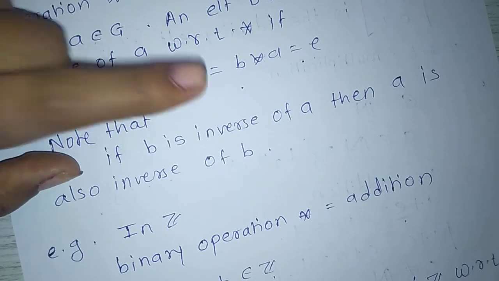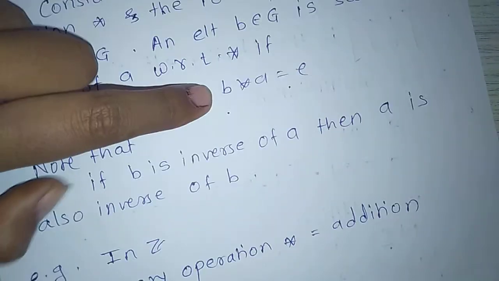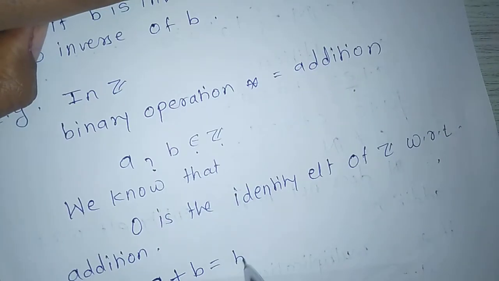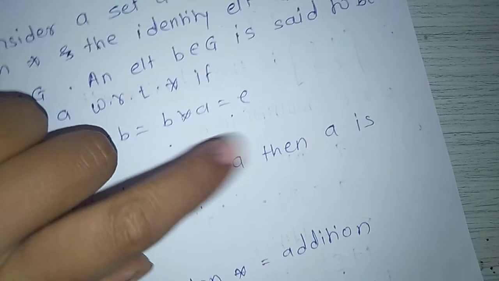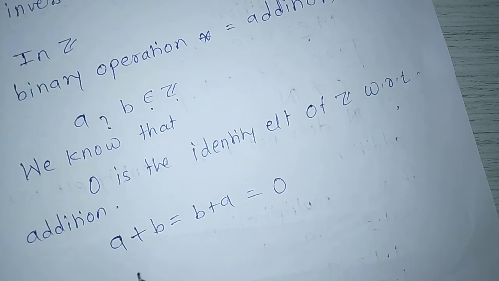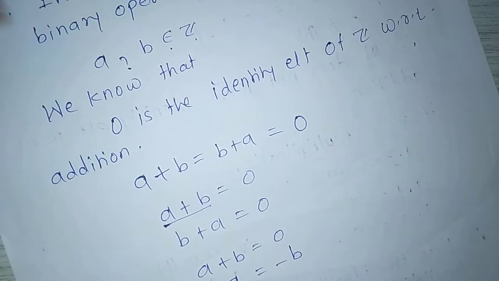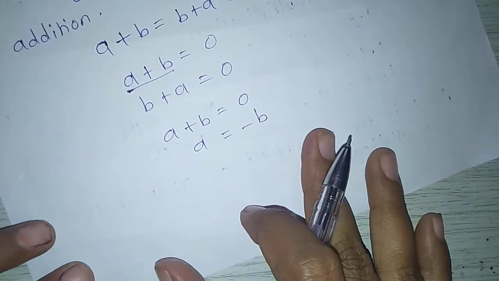Therefore, a star b means a plus b equal to b plus a, which is equal to E, here 0. a plus b equal to 0 means a equal to minus b.